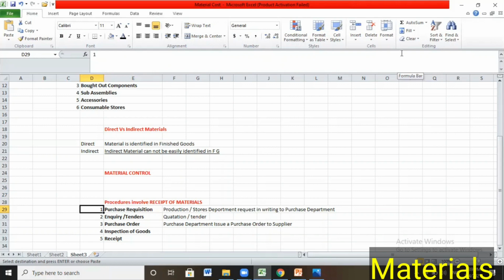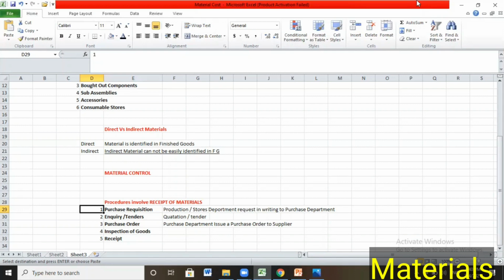It initiates action to procure an item only when informed in writing by the stores or production department, etc. So the purchase department needs to get a requisition from the stores department. So production or store departments request in writing to the purchase department.